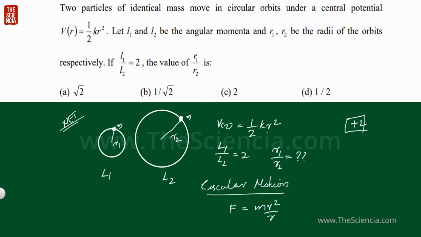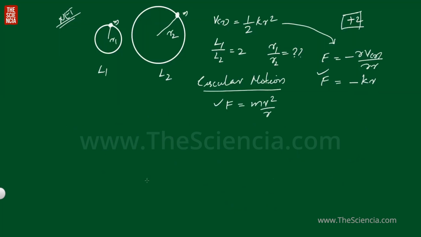And in the question they given the potential, and from potential we can find out the force, that is equal to minus dou V of r by dou r. So we get the force in the given problem as equal to minus kr. So this force and this force should be equal because it is a circular motion, right? So we get mv square by r is equal to kr.